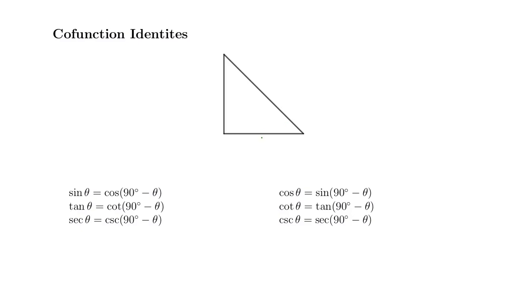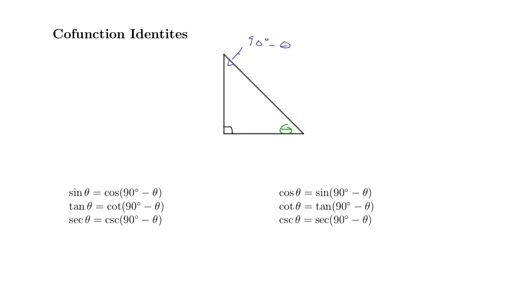Cofunction identities. These are kind of neat. Cofunctions are just the neat little idea that if we have some sort of a right angle triangle here, and we put theta in this corner, then sine of this corner is going to be cosine of this one.